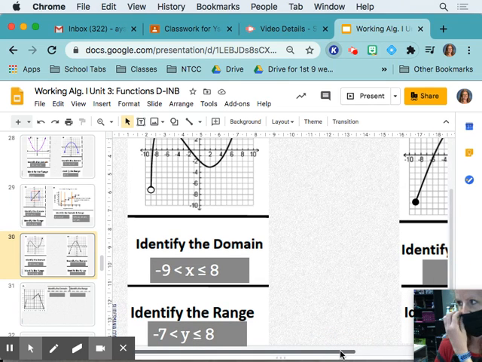Okay. Let's go to the next one. I want you to go ahead and figure out the domain and range now. Repeat the same things that I've been doing. Go left and right for domain and down and up for range.